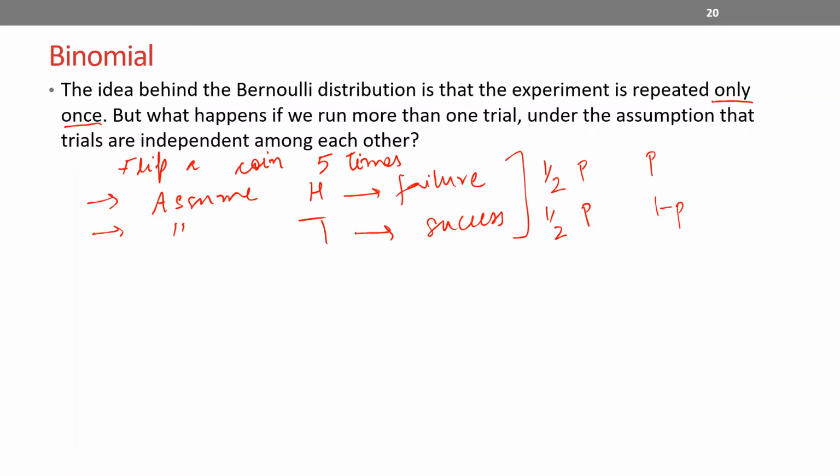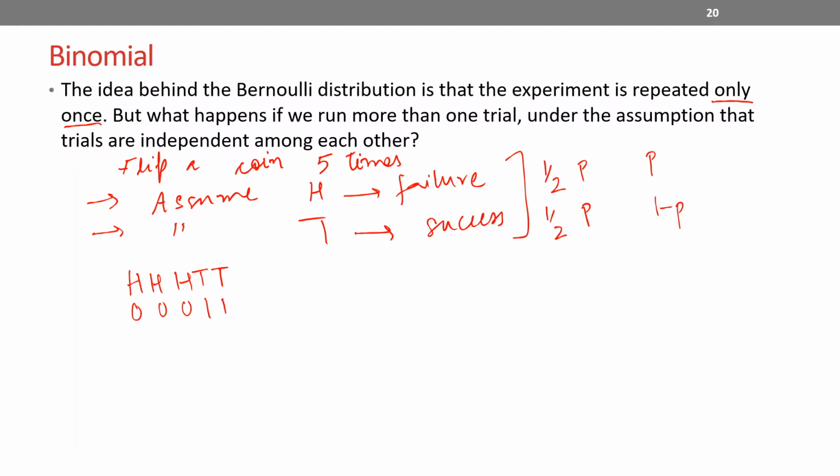Now this problem has become slightly bigger. Let's visualize just one scenario. Let's say I start tossing the coin and this is what I get. I got heads, heads, heads, all failures, and then success, success, right? Or, going back to the definition of Bernoulli, 0, 0, 0, 1, 1, because I can represent this using zeros and ones as well.